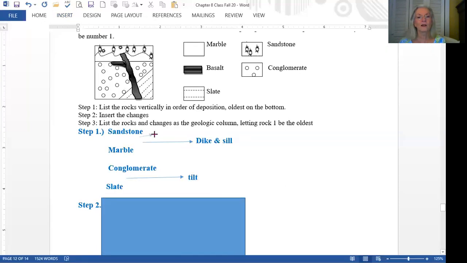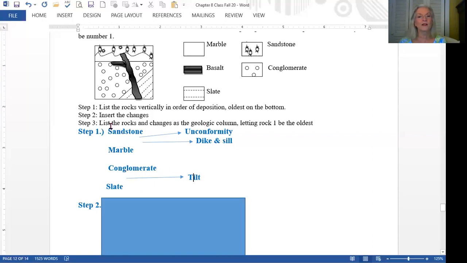So I'm going to draw in a line, and that will be for my unconformity. So I have my unconformity, my dike and my sill, my tilt, which the computer tells me I should have capitalized. Okay. So we have sandstone, unconformity, dike and sill, marble, conglomerate, tilt, and then slate.